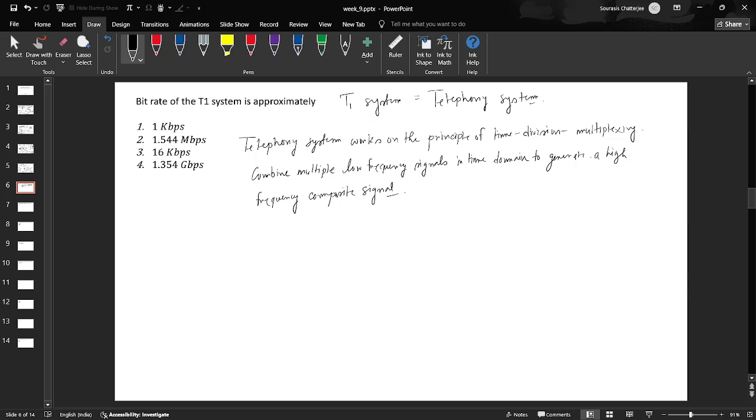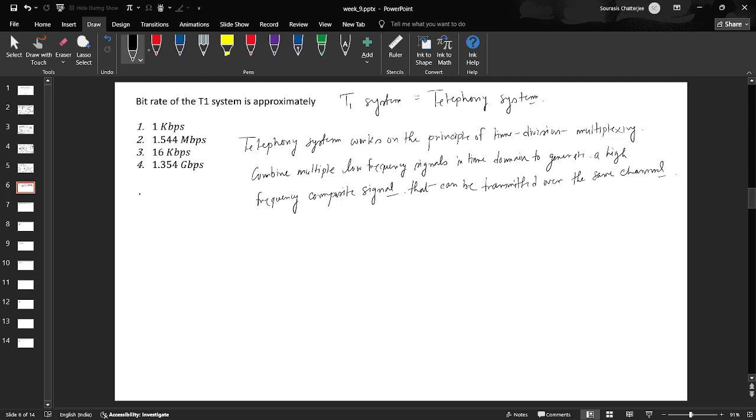That is the goal. The multiplexing has this advantage that at a time you can send multiple signals over the same resources. That is the main goal.